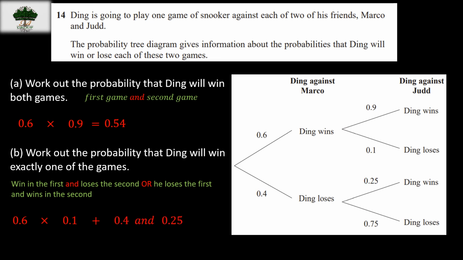"And" means multiplication also. So do your calculation: 0.6 times 0.1 plus 0.4 times 0.25. The answer is 0.16, which is the answer to this part.